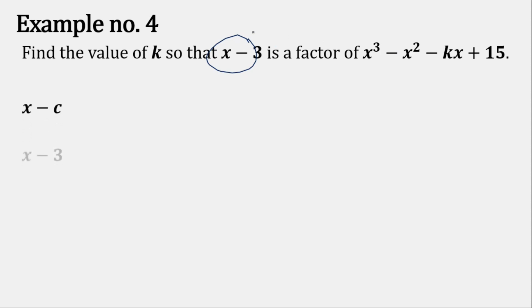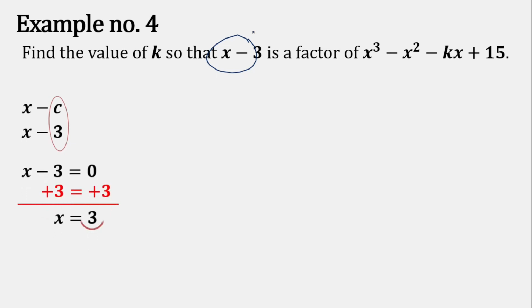So let's compute for the value of c, or just equate x minus 3 to 0, and we get 3 as the value of our c. Now, if we substitute 3 to the value of x, if it is a factor, then this polynomial should equal 0.